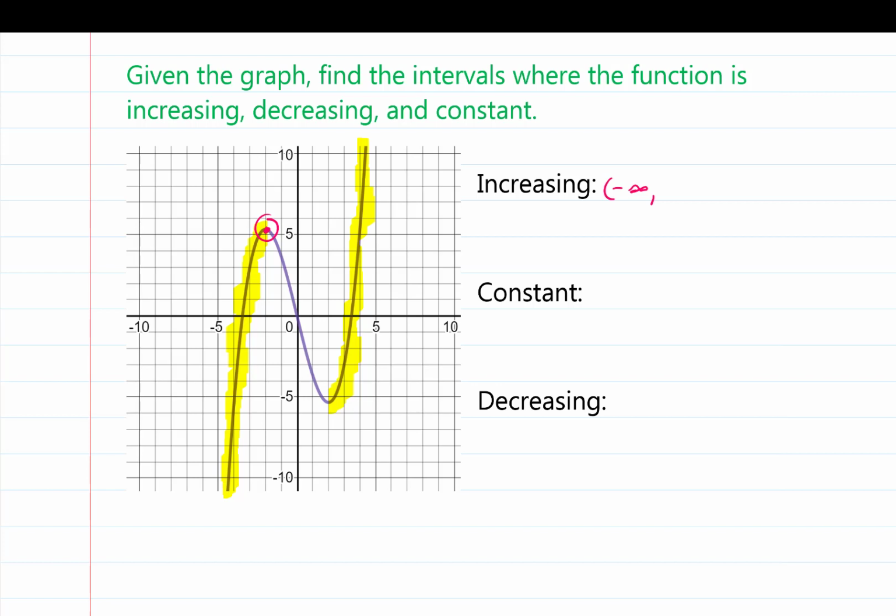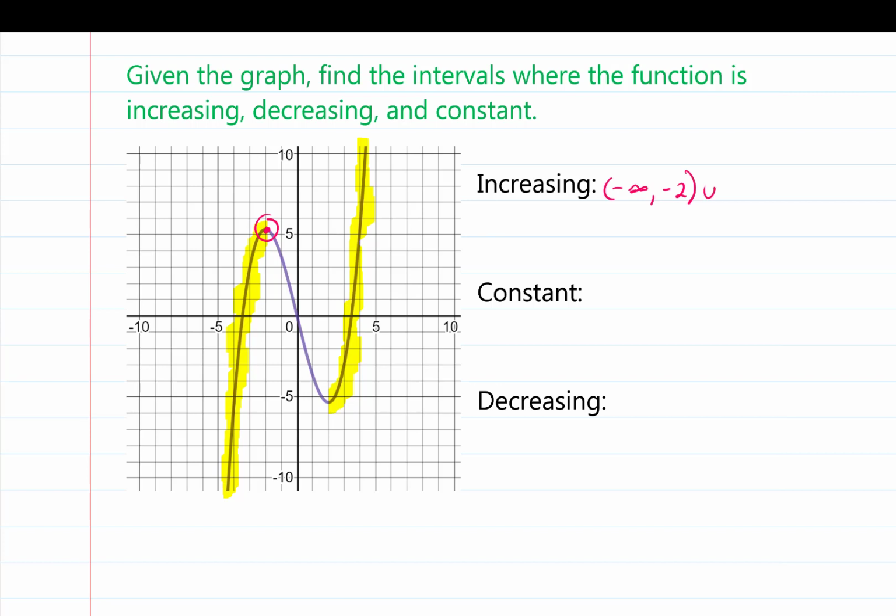That transition point is neither increasing or decreasing, so we don't include it. So in this case, we would put negative 2 to finish that interval, and we would use a parenthesis to close the interval. Again, not a bracket, because we are not including it in the interval. It's the transition point from increasing to decreasing.